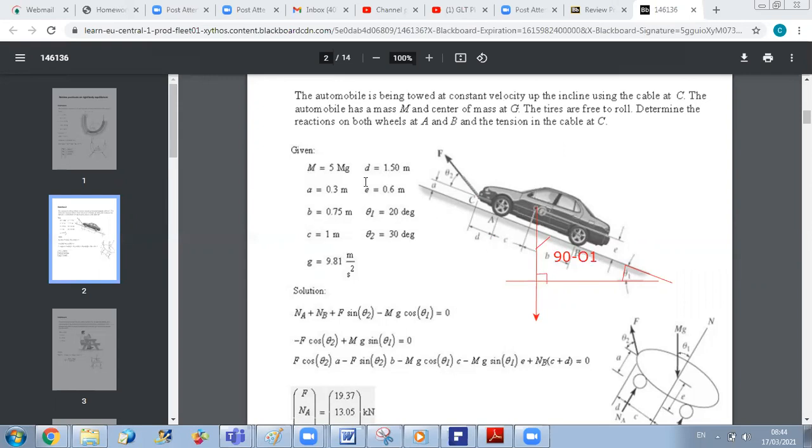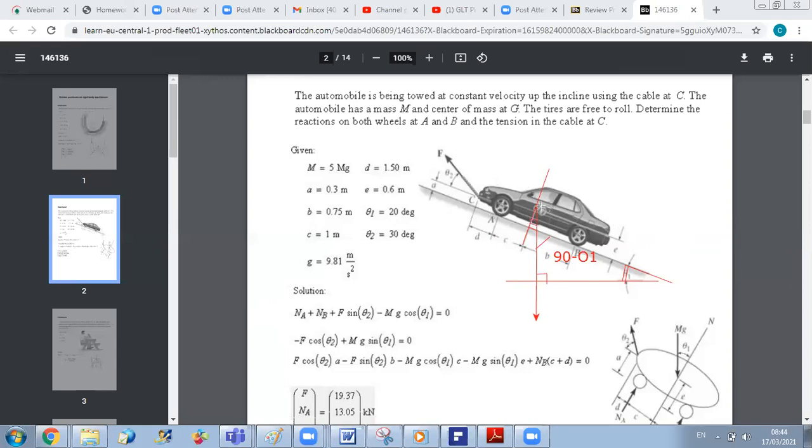Okay, so you can also see it in another way. This is the weight, and this is the Y direction in my problem. Why is this angle here theta 1? Because the weight is perpendicular to the horizontal, and the Y-axis is perpendicular to the inclined line. And since the angle between the horizontal and the inclined line is theta 1, when you construct the perpendicular to the first and the perpendicular to the second, the angle formed will be equal to theta 1.